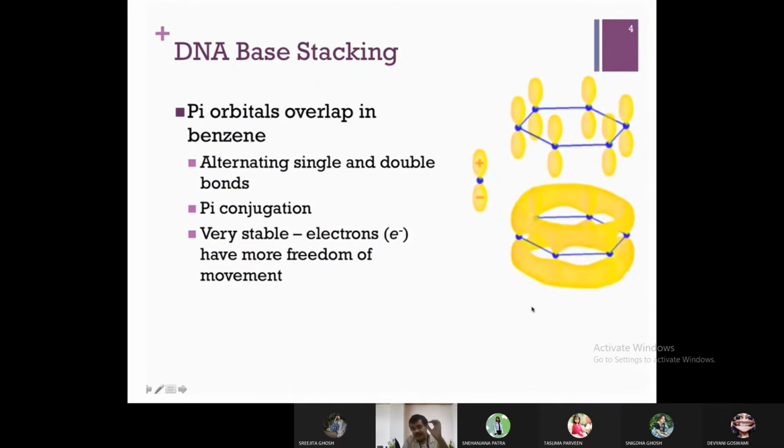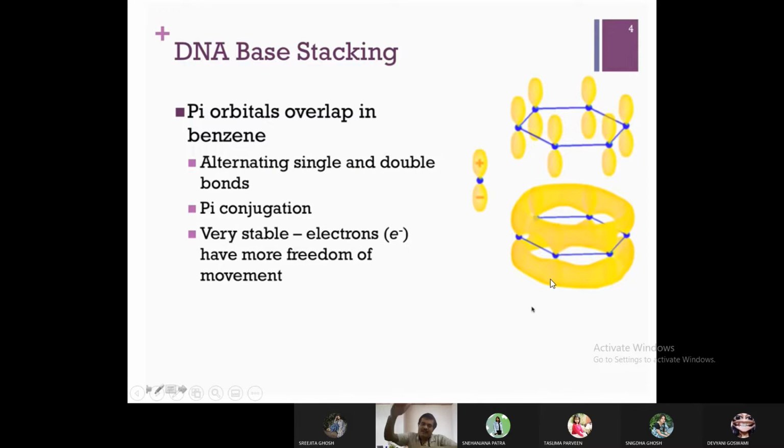What is aromatic character? Whenever you get a double bond, there are pi electrons involved. Suppose my hand is a base, say thymine. On the top and the bottom of the thymine base, you have electron clouds of pi electrons coming up and coming down, and they form aromatic clouds.